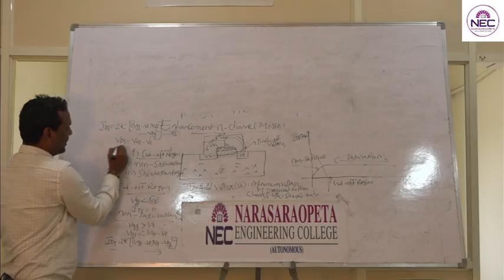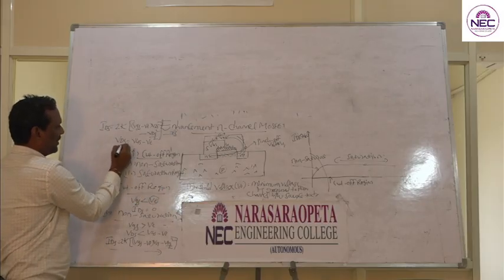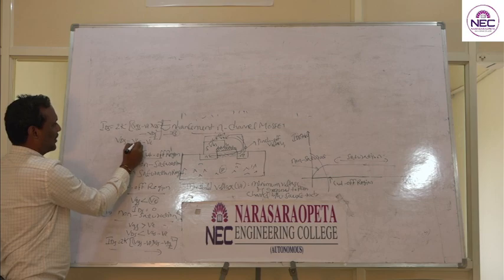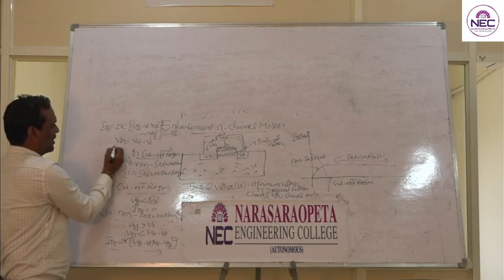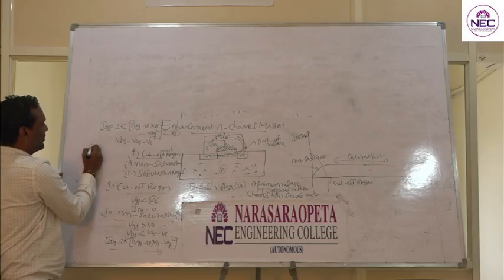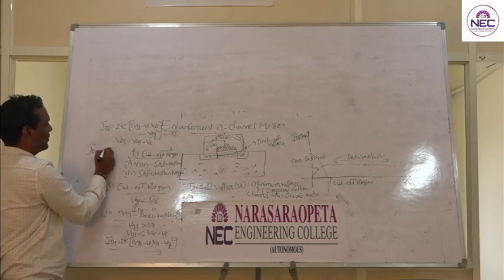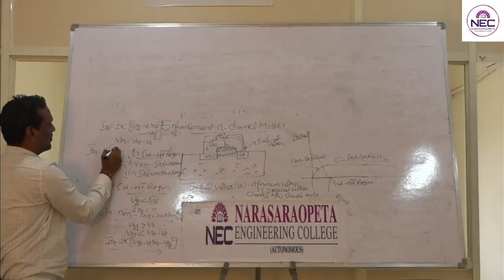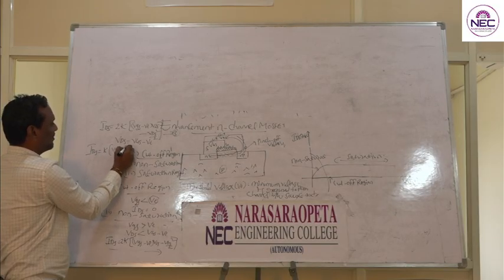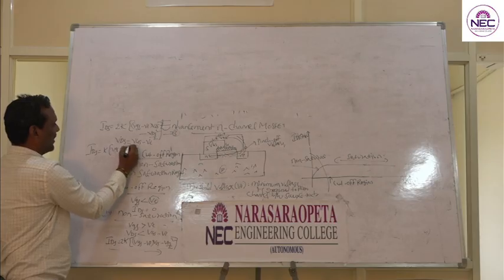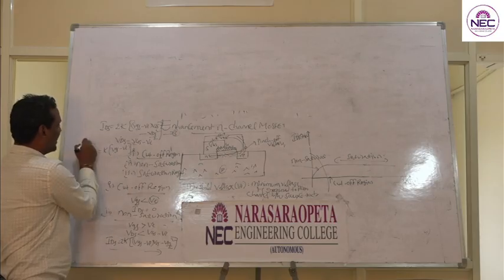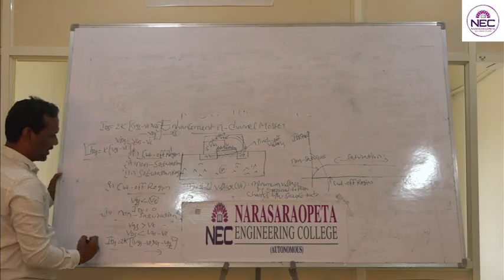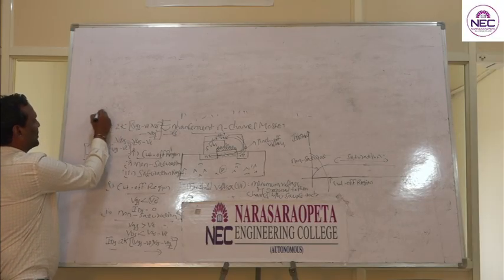In equation number 3, we substitute the VDS value equal to VGS minus VT, and after some simplification, we will get the IDS value equal to K into (VGS minus VT) squared. So these are the IDS equations produced in the saturation region.